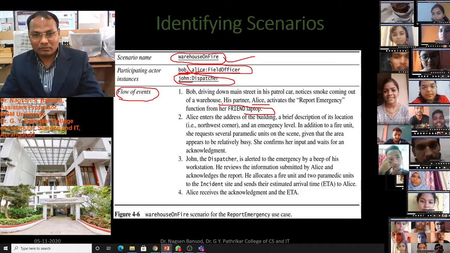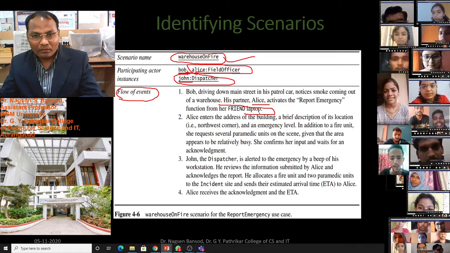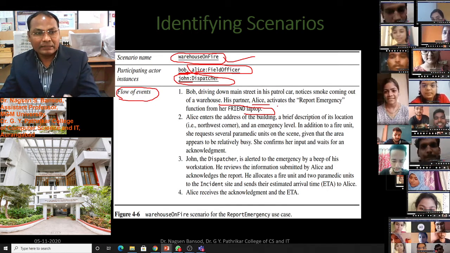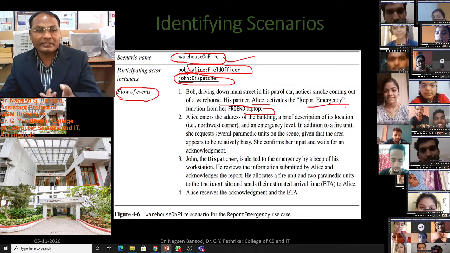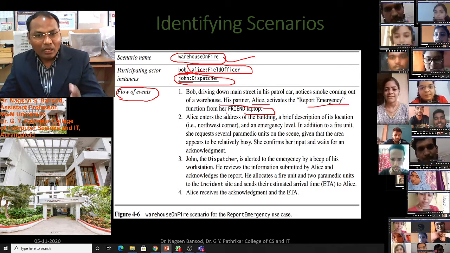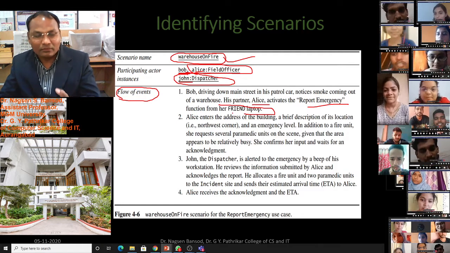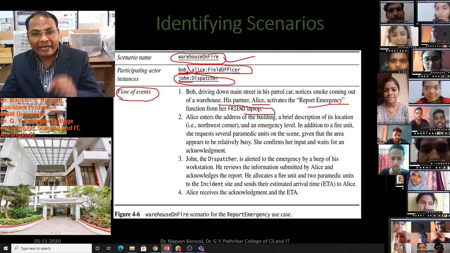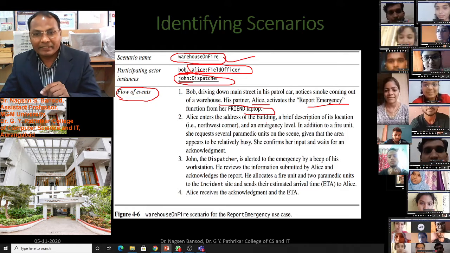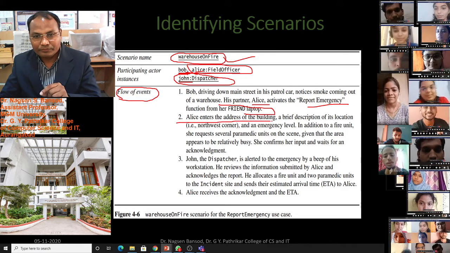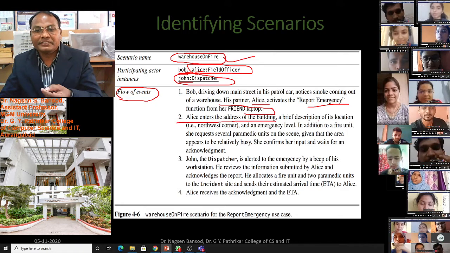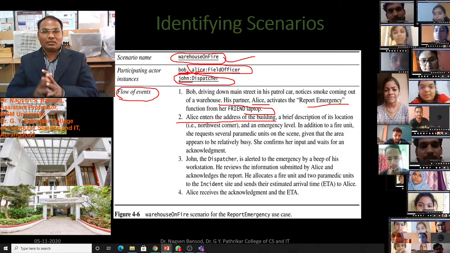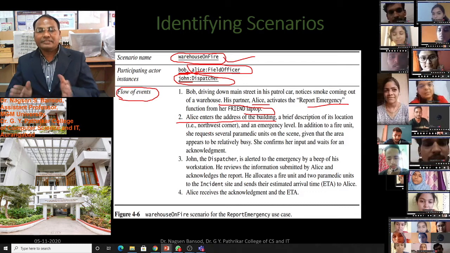Alice activates the report emergency function from her laptop. With the help of the FRIEND software, Alice enters the address of the building, a brief description of its location, that is the northwest corner, and an emergency level.